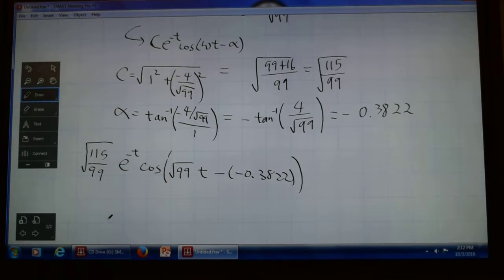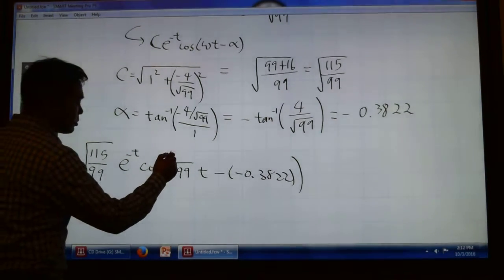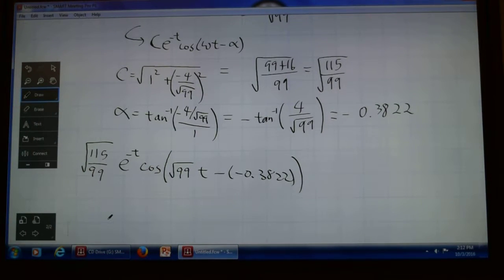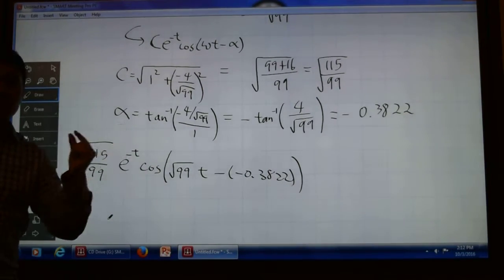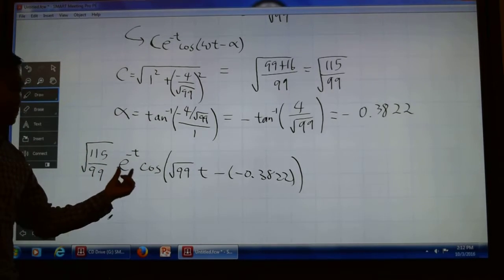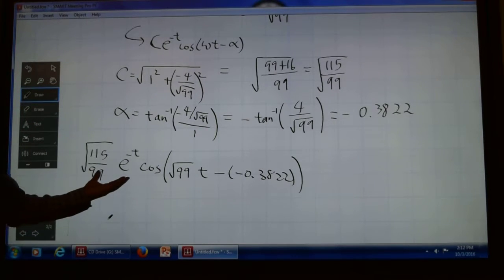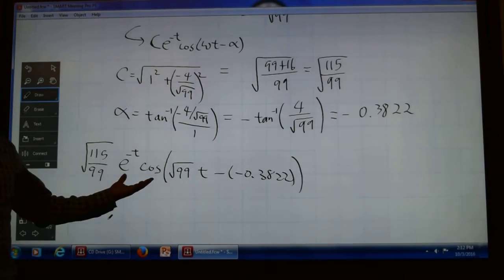Okay? So that's what you will see. Another thing I want to say is, because the amplitude gets reduced, it's no longer a periodic function. So you can't say period of this function. It doesn't make sense. It's not a periodic function.